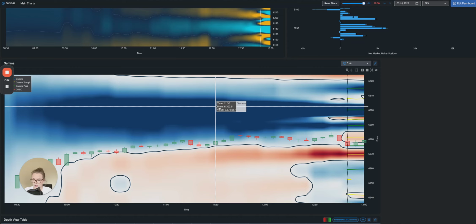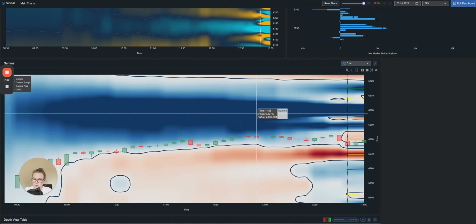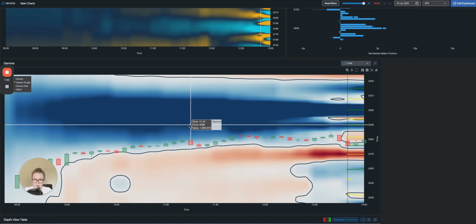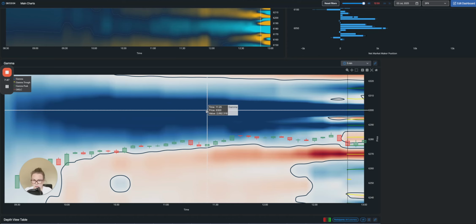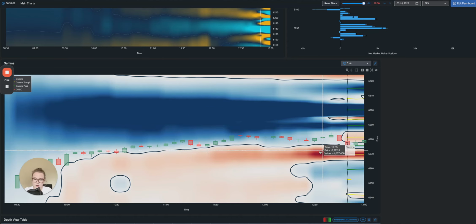Look at those values, 2,817, 2,676, huge values. We were unlikely to move through those. They were too great of a value. It's basically creating a lot of selling pressure in this area. Remember, as price rises, dealers sell to maintain their hedge in these positive gamma environments.